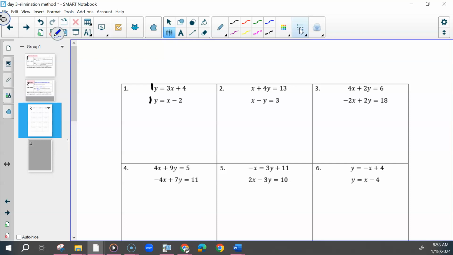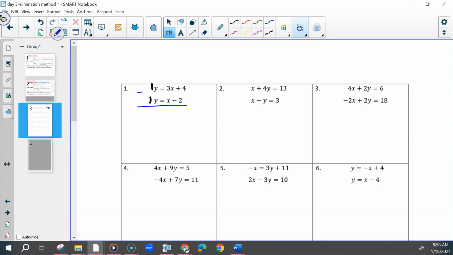Would adding or subtracting make this 0? Eliminate them. Get rid of them. Subtract. Yes. So we're going to subtract both equations from each other. The top from the bottom. The bottom from the top.